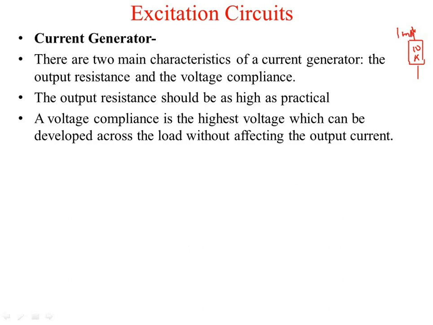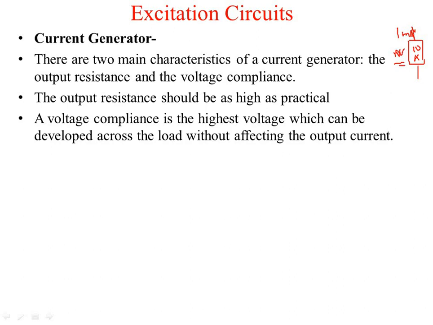What is the maximum voltage that will be developed across this? That will be near about 1 volt. Okay, sorry, 10 volts. So 10 volts is the maximum voltage compliance that can be achieved through this current generator.